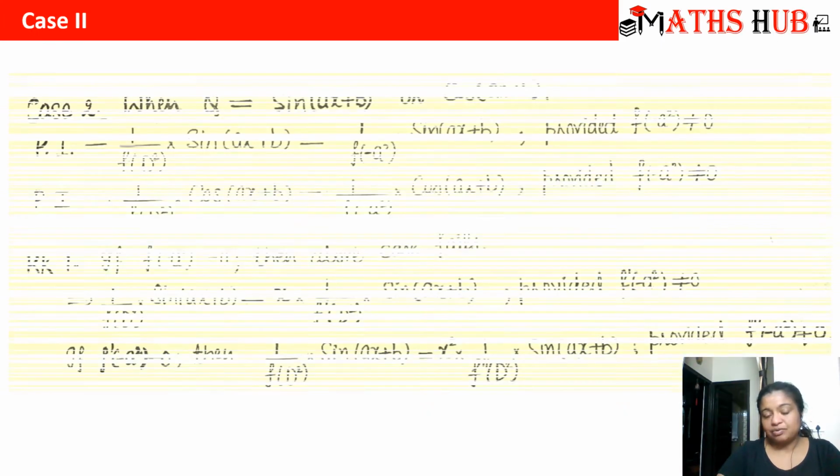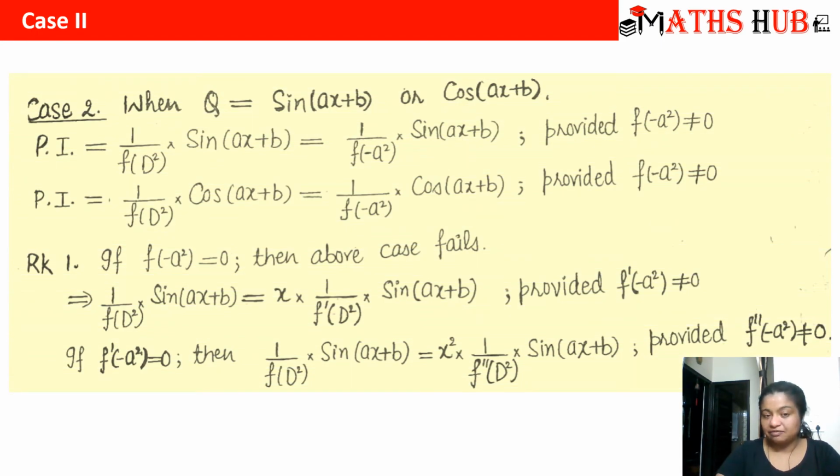The second case was when the right hand side function was a trigonometric function, either sine or cos. In that case we were replacing D square with minus a square, and in case of failure in the above two cases, if the denominator was becoming 0, then we were multiplying the numerator by x and taking the derivative of the denominator.